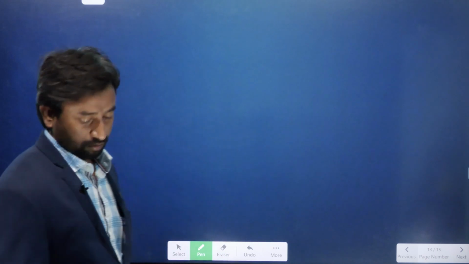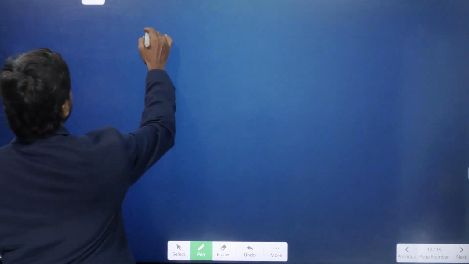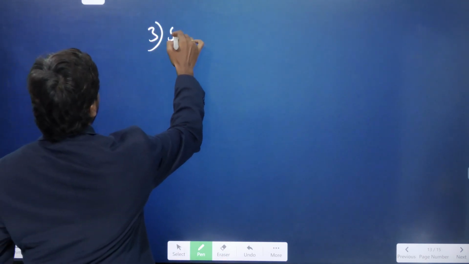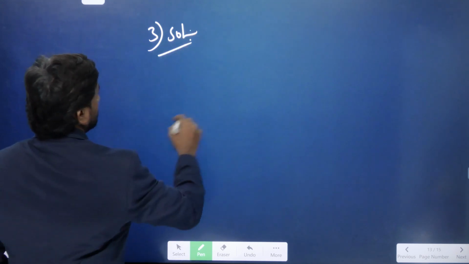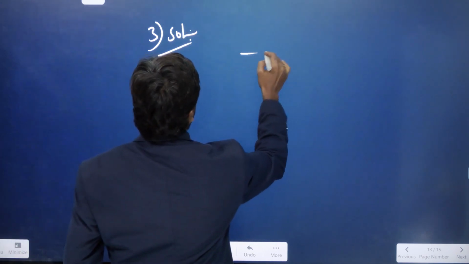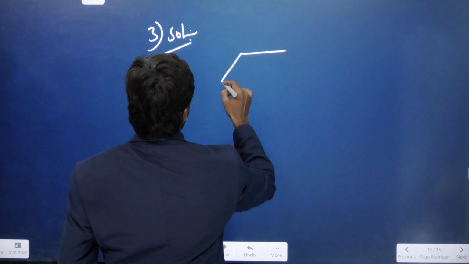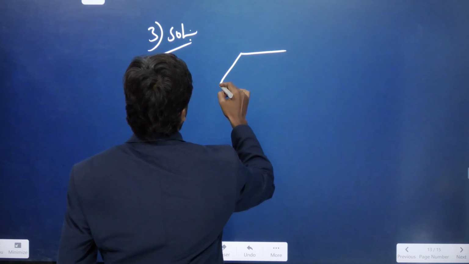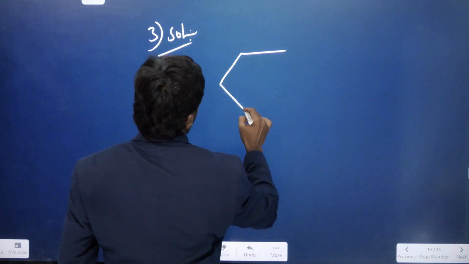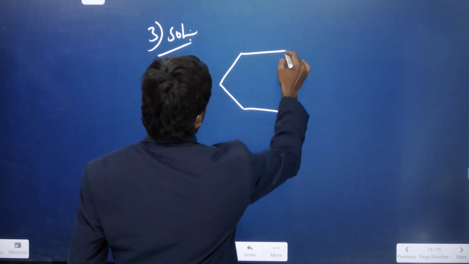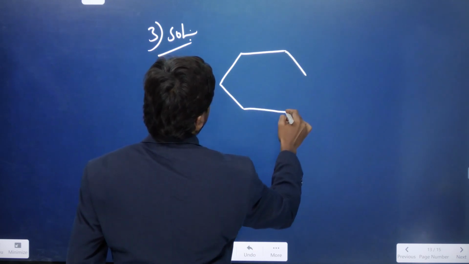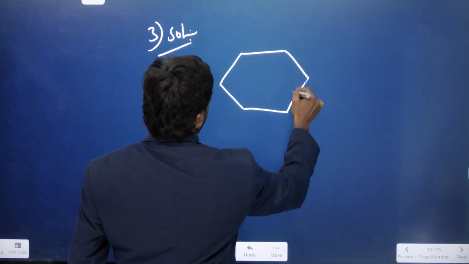Okay. So, I will show in the diagram. We know that this is a hexagon, no? Regular hexagon means all the sides should be equal, like this. It is almost equal, no? Yes, okay.